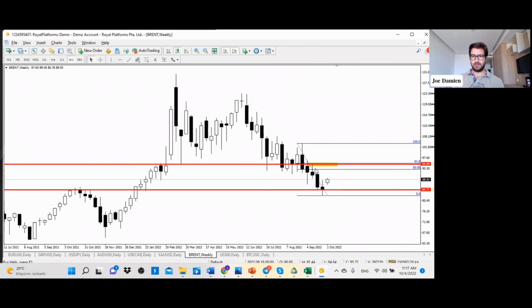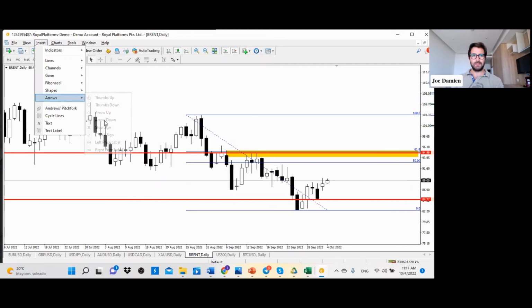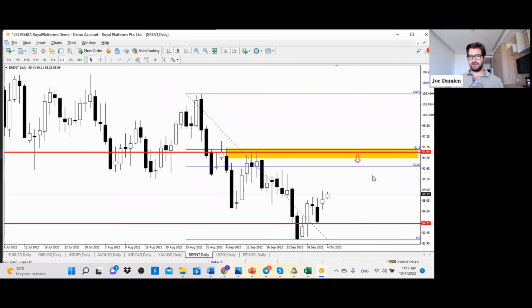Okay, we have a strong resistance around this area. We have the 61.8 Fibonacci retracement at 94.99. So the market could retrace to this area here, and then move to the downside to the previous low, which is 84.77.